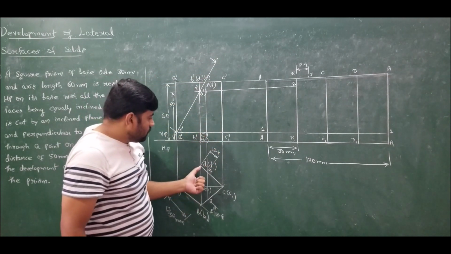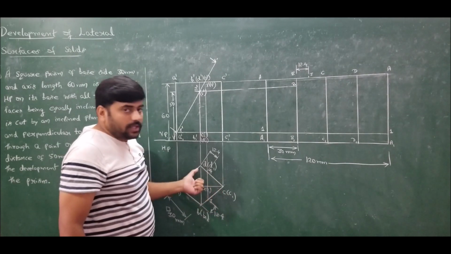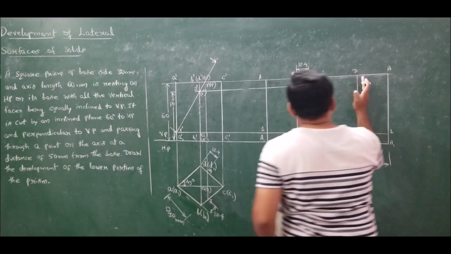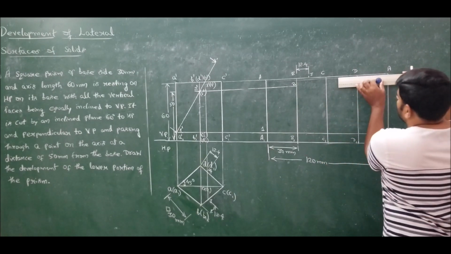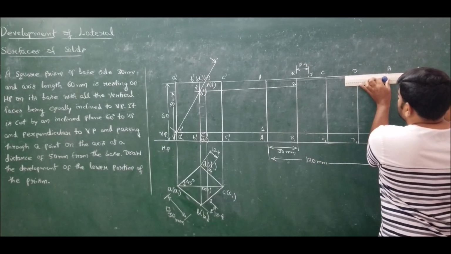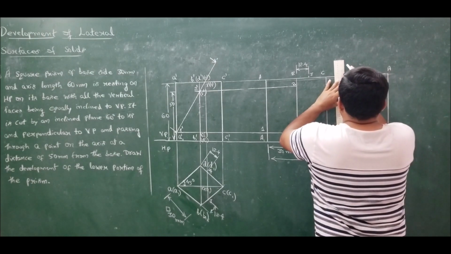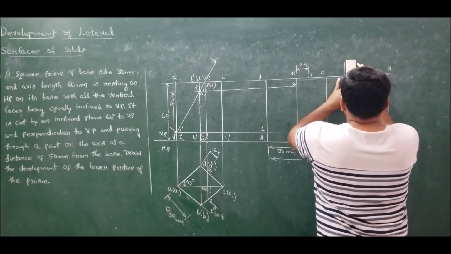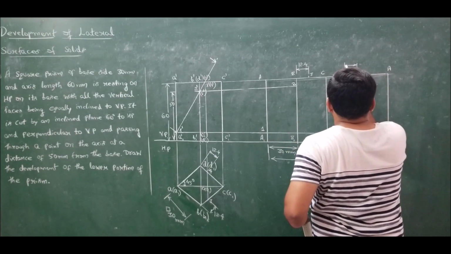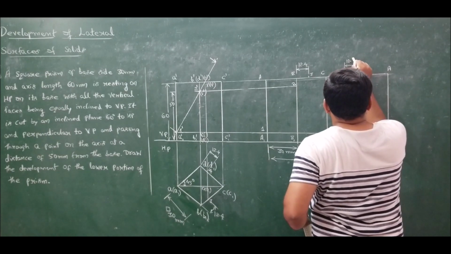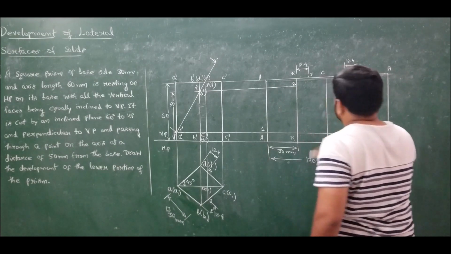Moving from C to D, it is at a distance of 12.4 from D. So measuring 12.4 millimeters from D, transfer point 4. So this will give us point 4.